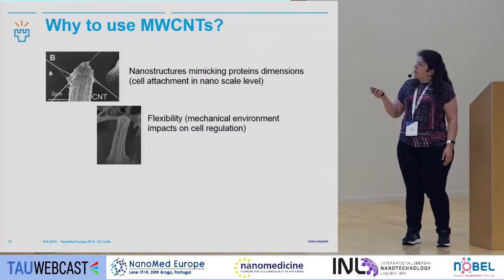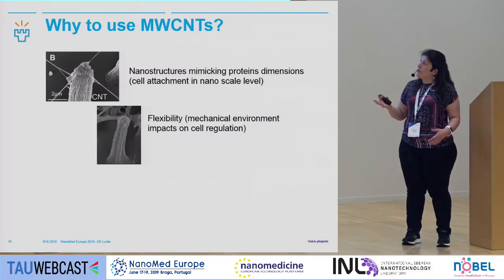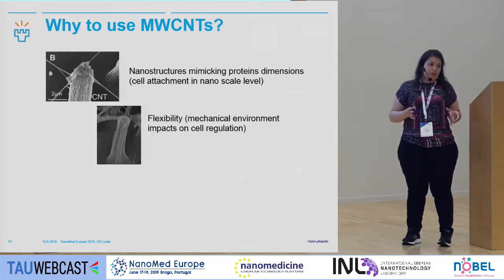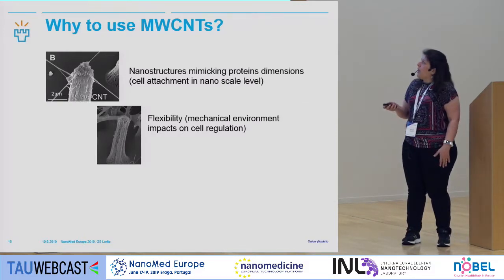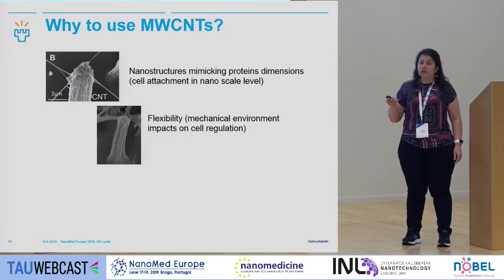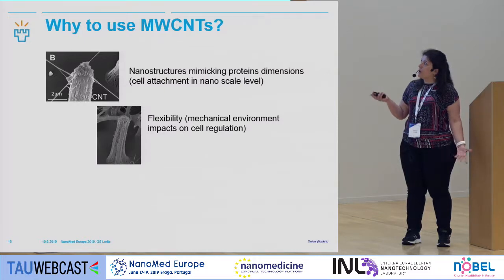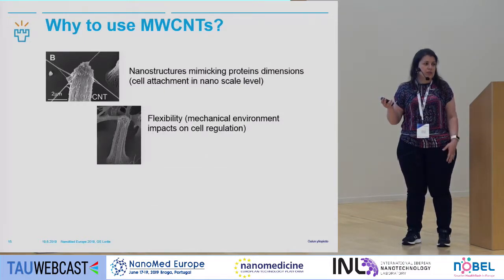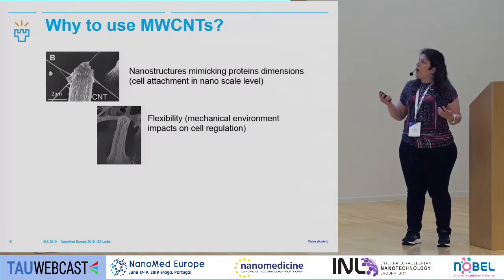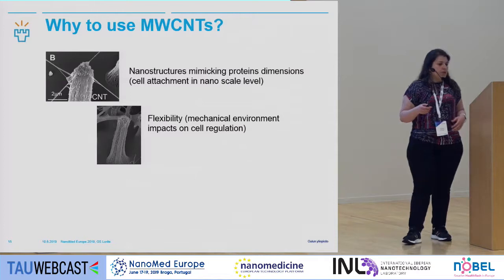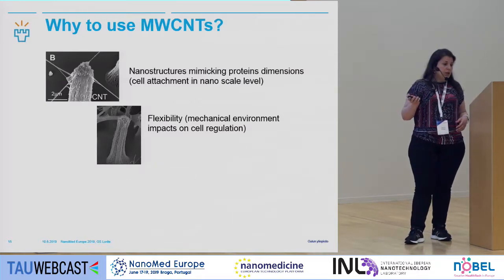The pillars are flexible, so they give a mechanical environment that is different from rigid pillars. I wouldn't have time to show it here, but we have a whole study also using finite element analysis, where we can use these templates to estimate how much force the cells apply in the environment. So that might be a very good application.